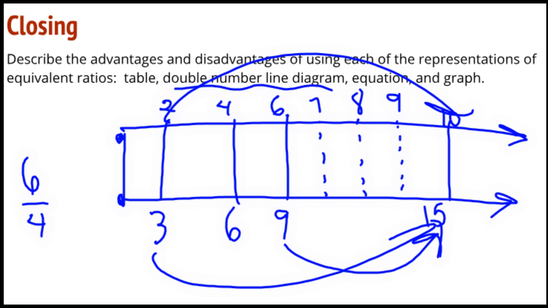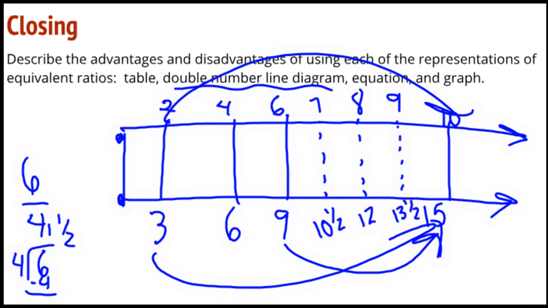So each piece, 6 divided by 4, is 1.5. So 9 plus 1.5 is 10.5, plus 1.5 is 12, plus 1.5 is 13.5. And I can find that I would need 13.5 eggs if I had 9 tablespoons of water. So the double number line really has some power when it comes to working with numbers in between.